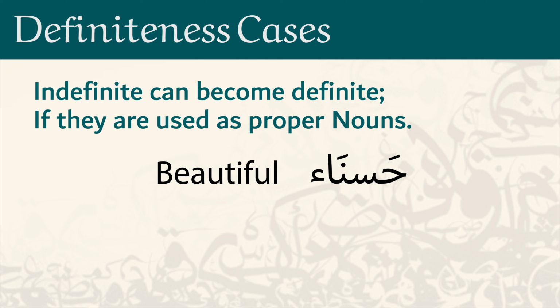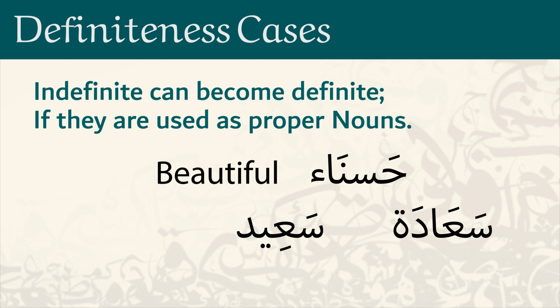But you might see a girl whose name is حسناء. In this case, this noun will be definite without needing the definite article Al. Other examples like سعادة, happiness, سعيد, happy. Many people are called سعيد, رحيم, merciful, and many more. So any noun that can be used as proper noun, it will become definite.